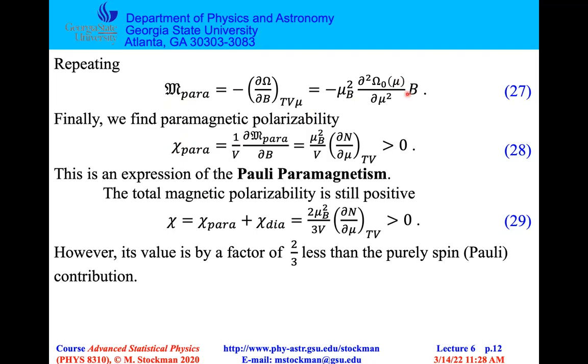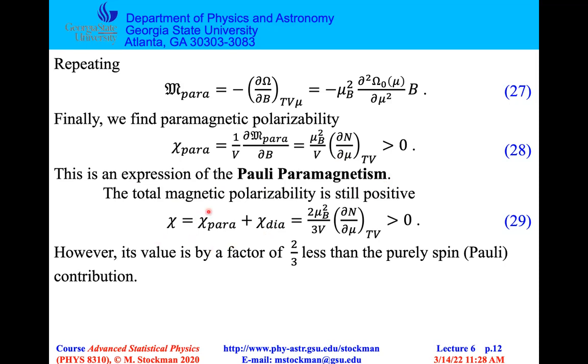So when I differentiate over B, this coefficient goes away. And I will write this as minus dm over d mu. And I know that dn over d mu from stability is always greater than 0. So chi para is greater than 0. This is why I call para. And this is expression for Pauli paramagnetism.